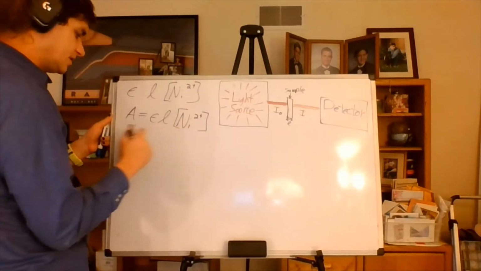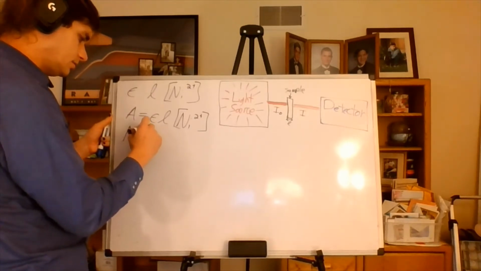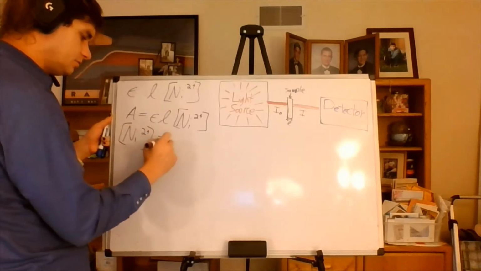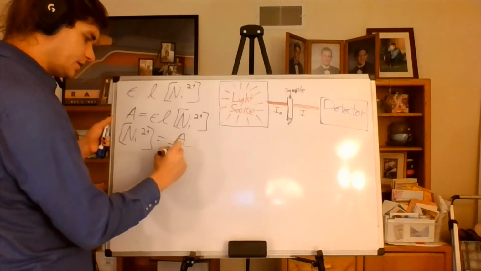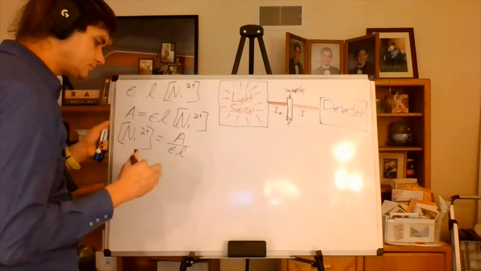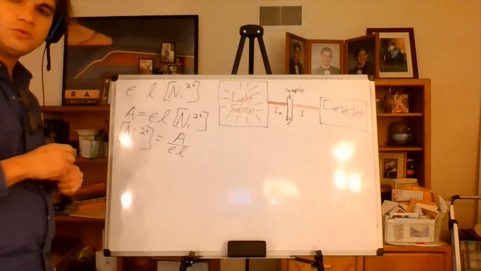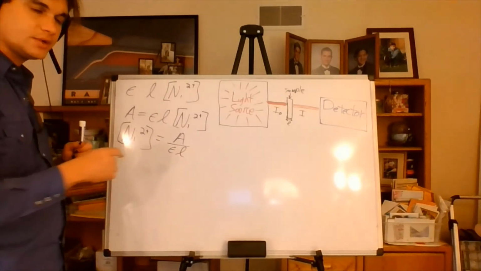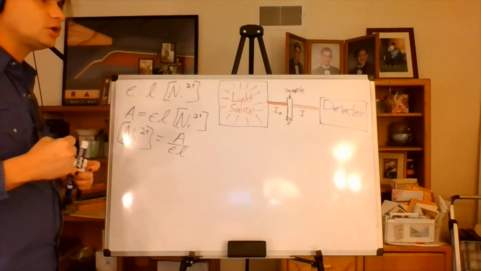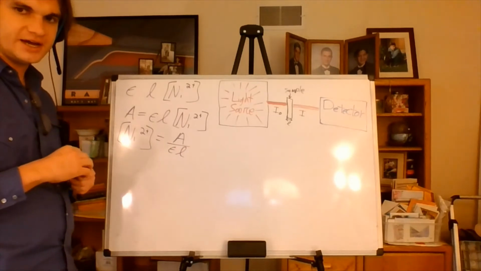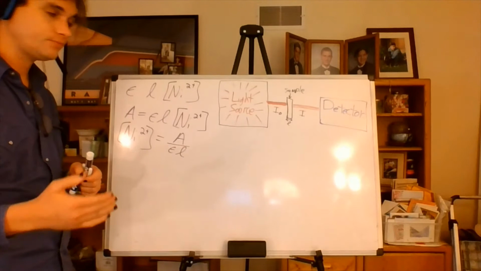So, to get this by itself, we end up with nickel is equal to the absorbance divided by epsilon times L. There's a slight problem with looking this up, and that problem is that you get much more accurate data if you just calculate it out for your own sample.